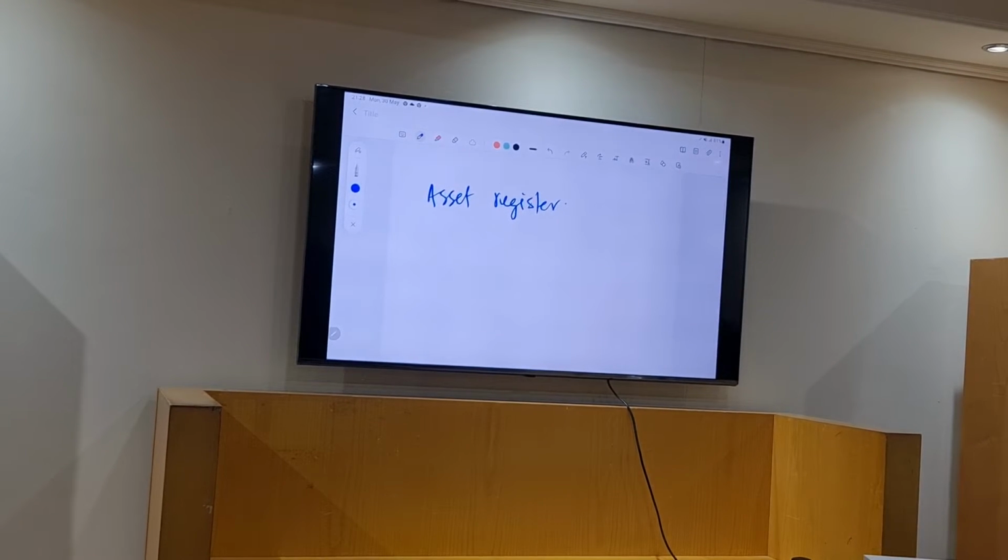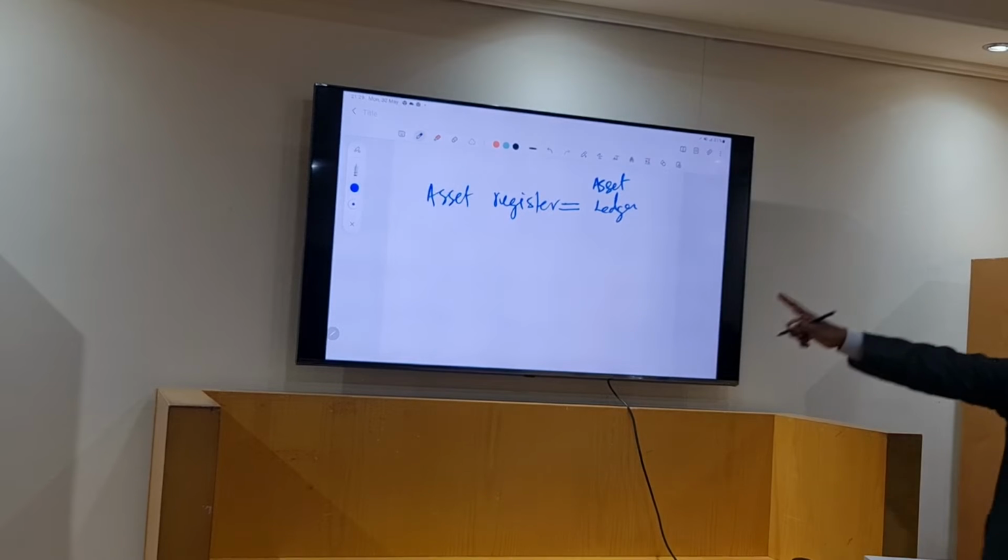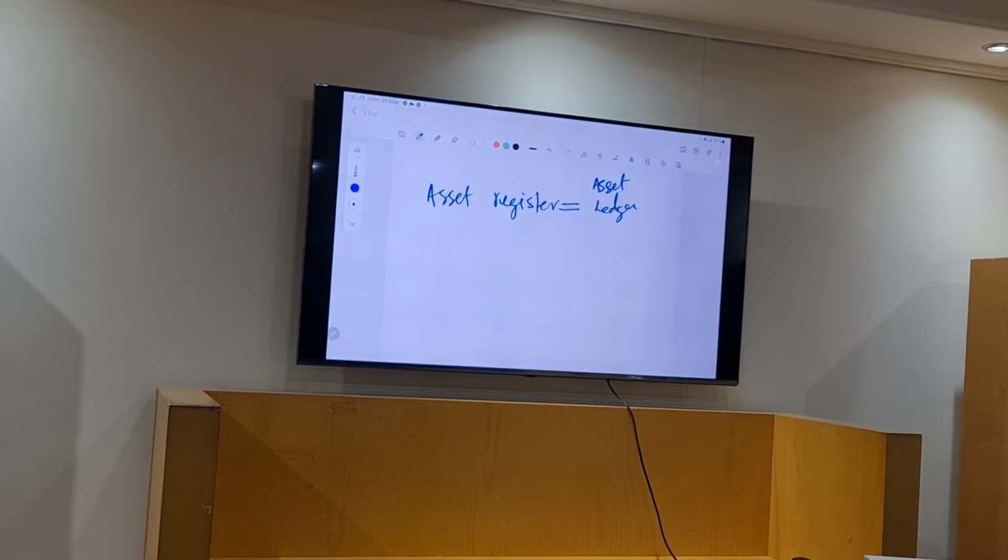If I write like this, asset register is equal to ledger or asset ledger, is this statement correct or wrong? You have in your trial balance one ledger for your assets: furniture, equipment, motor vehicle. So that ledger, is it equal to the asset register? That's my question.